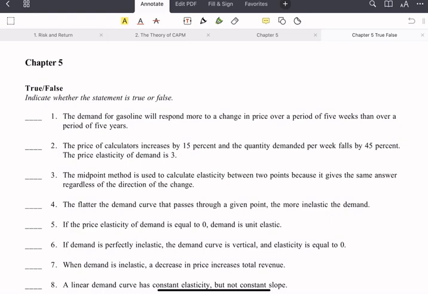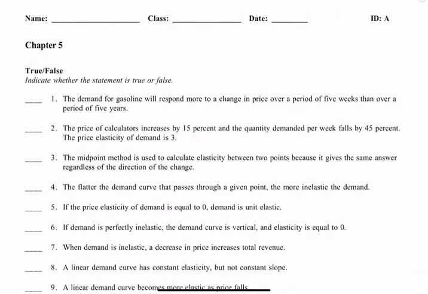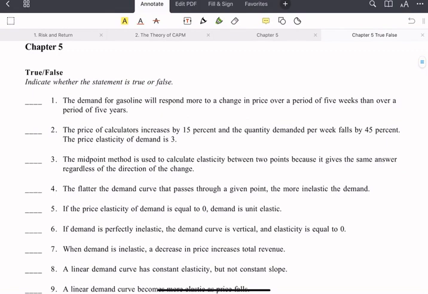Well, if you look at this, you can see that this is incorrect, because 5 weeks is a shorter time compared with 5 years. And we know that no matter whether it's a demand curve or a supply curve, the curve will respond more to a change in price over a longer period of time.